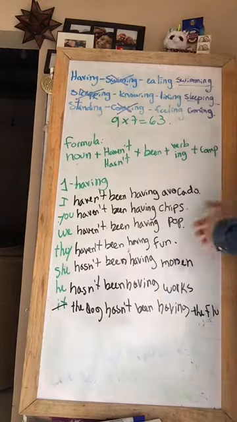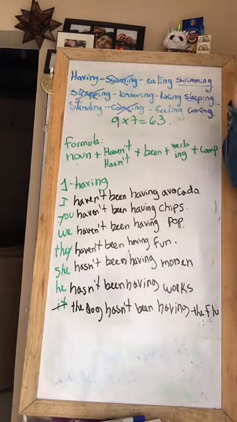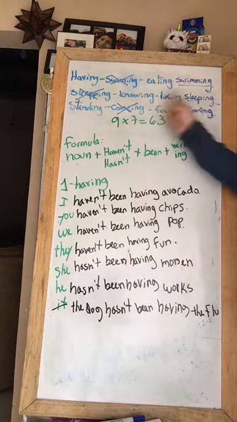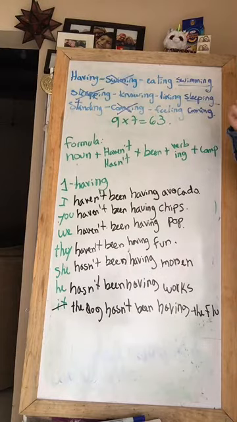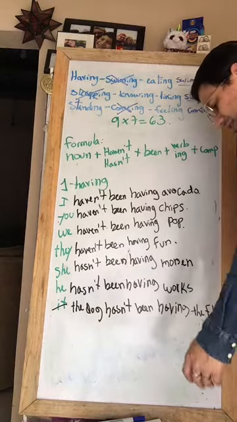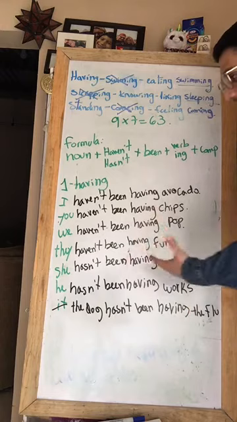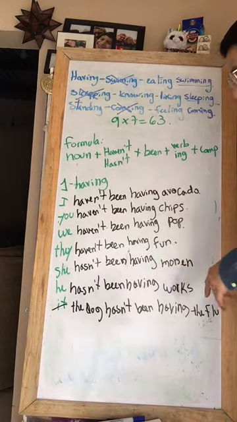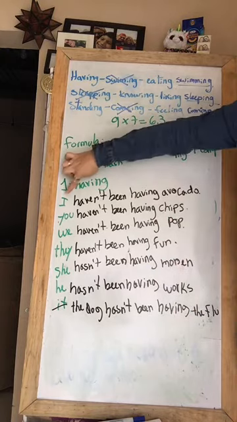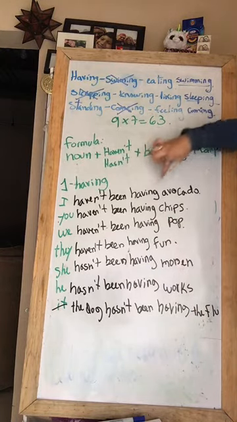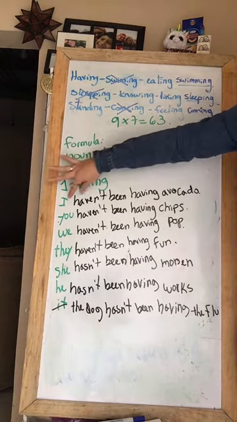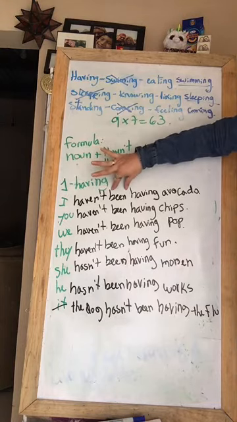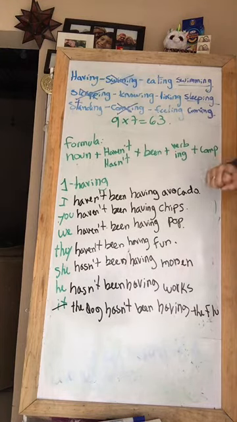Okay, so we have all of this is the example of what you will do with one of these words in here. And as we were saying the other day, you can read these sentences in Spanish to kind of see if they make some sort of sense. So we have, I haven't been having avocado. Yo no he estado teniendo aguacate.